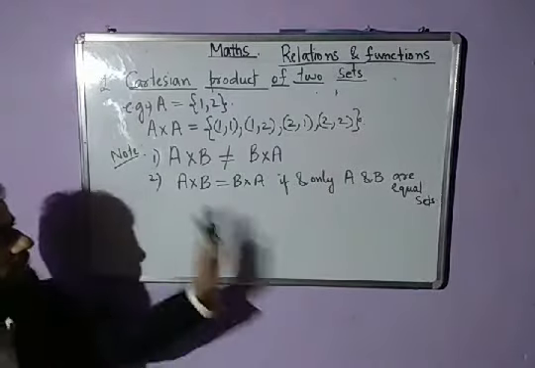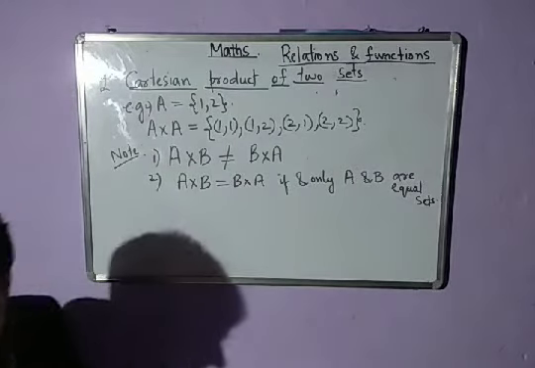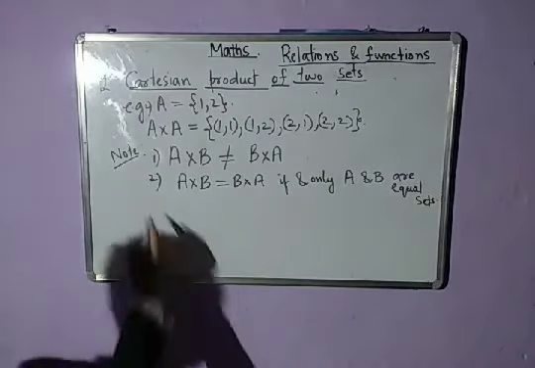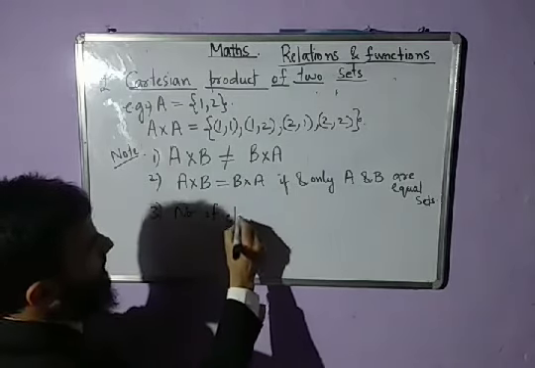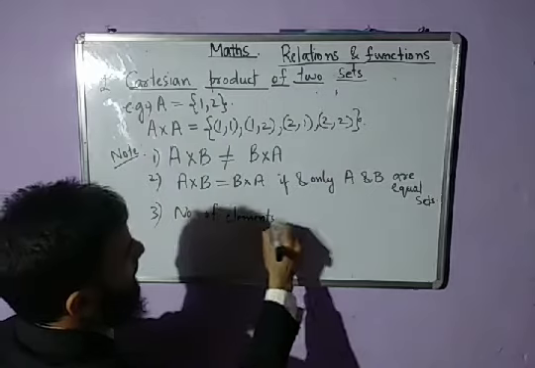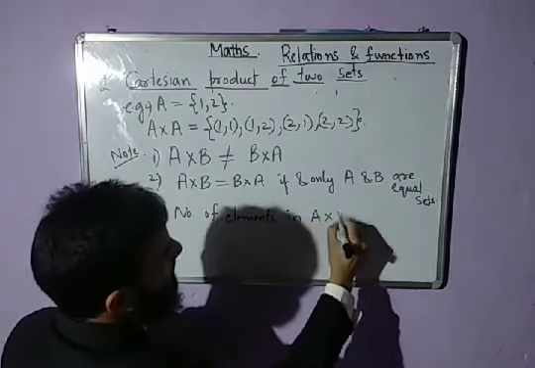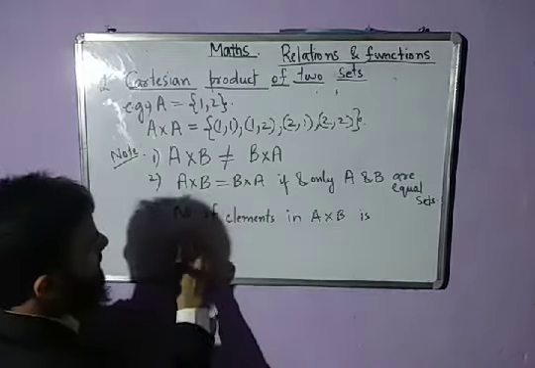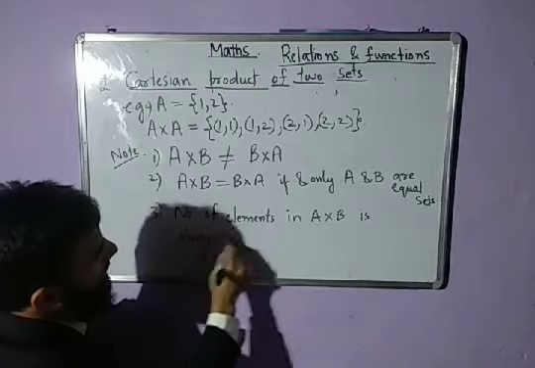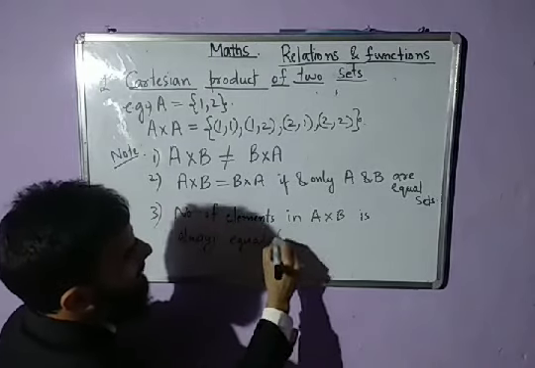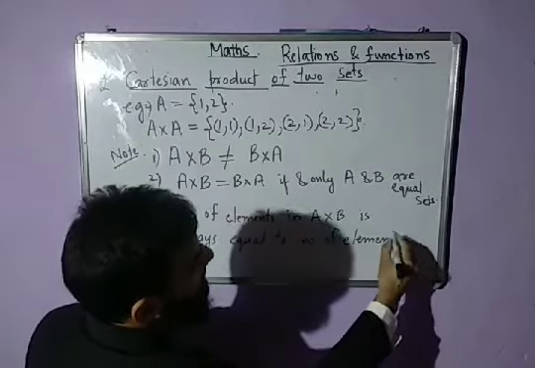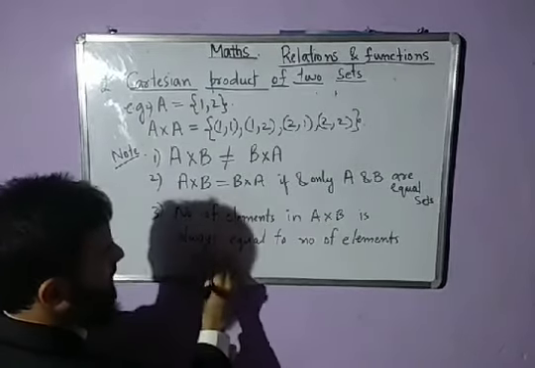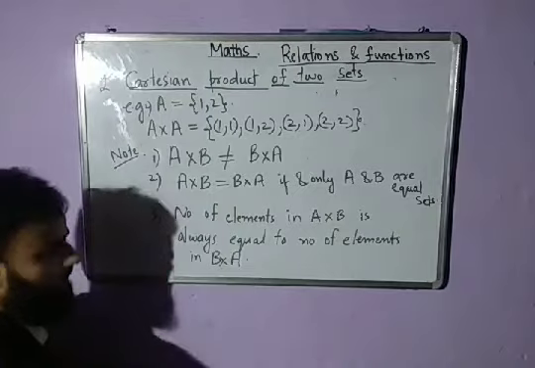Then and only then can we say A cross B is equal to B cross A. And also we learned that the number of elements in A cross B is always equal to the number of elements in B cross A.